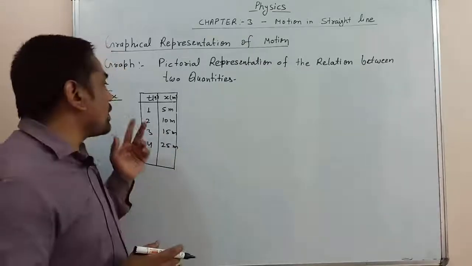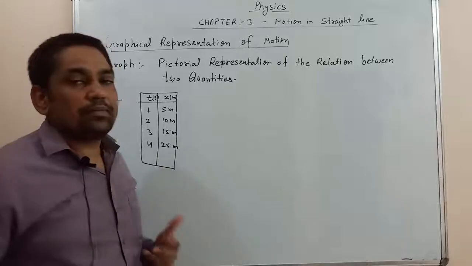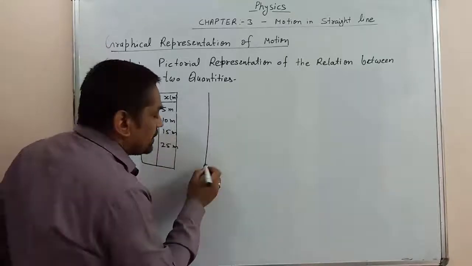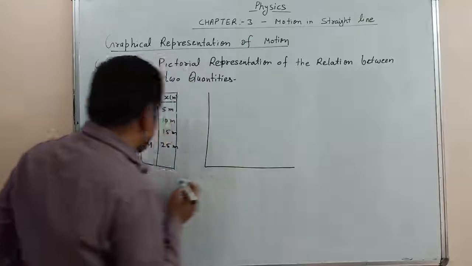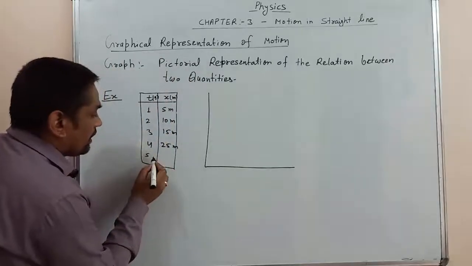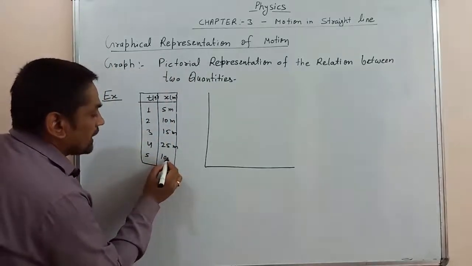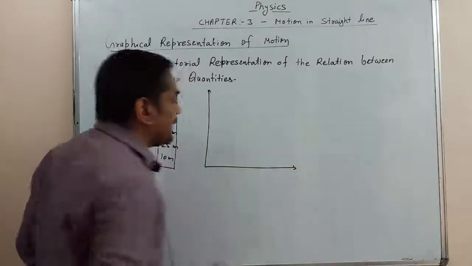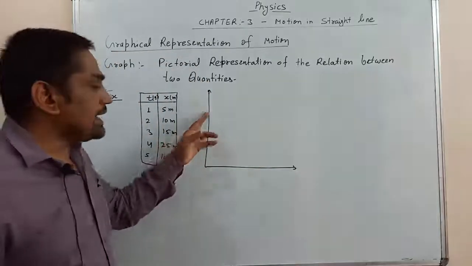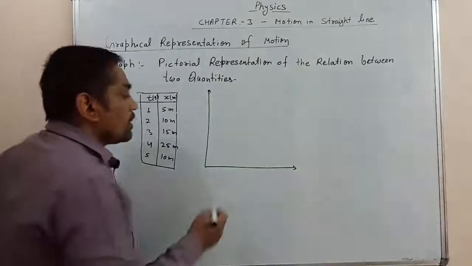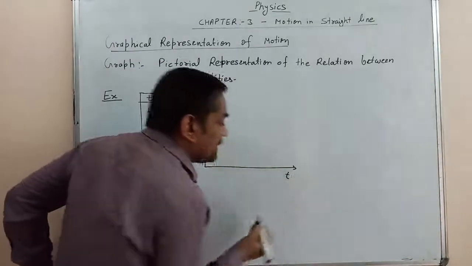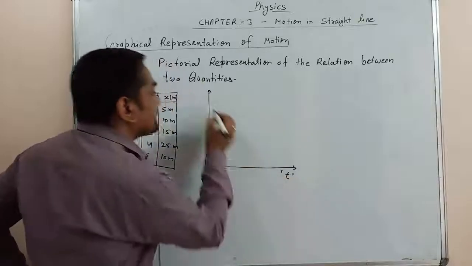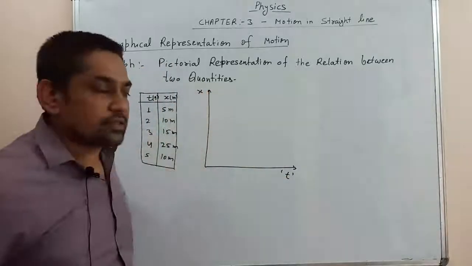We have to draw a graph between time and displacement. So we take two axes: this is the y axis, this is the x axis. On the x axis we take time t, and on the y axis we take displacement x.